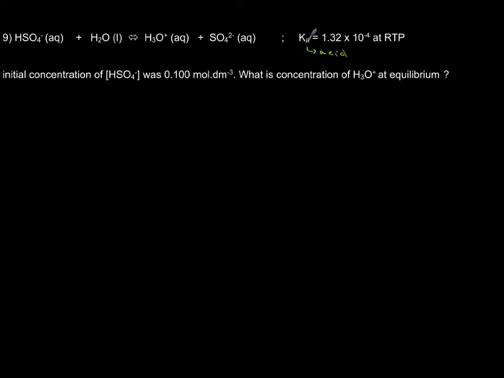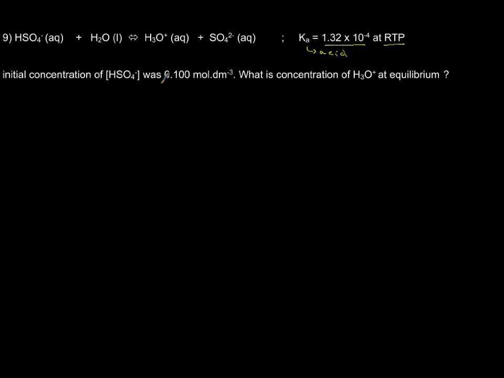It's just an indication of the equilibrium and an attribute of that reaction. This is acidic. Ka is given to be extremely small at RTP. RTP is room temperature, usually 25 degrees Celsius, and 1 atmosphere pressure, which we also call standard conditions.